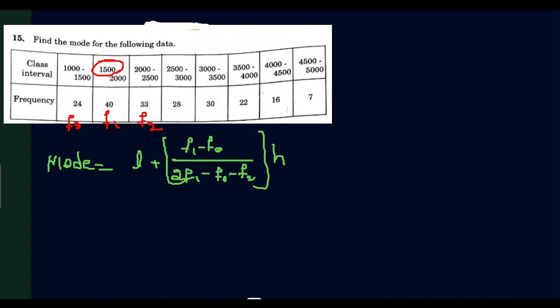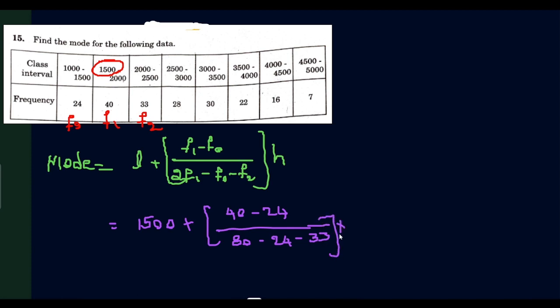L is 1500 plus F1, which is 40, minus F0, which is 24, by 2 into F1, so 80, minus F0, 24, minus F2, so that is 33, into the class interval, which here is 500, right?